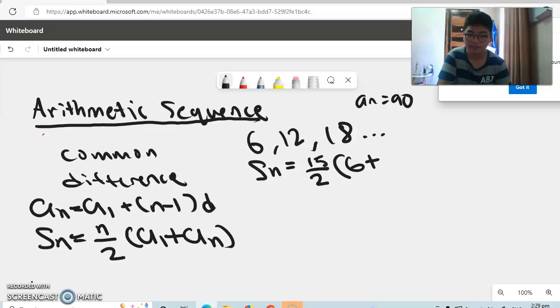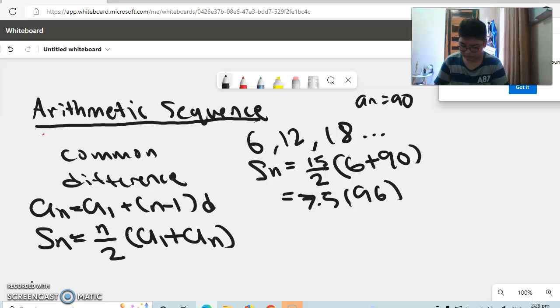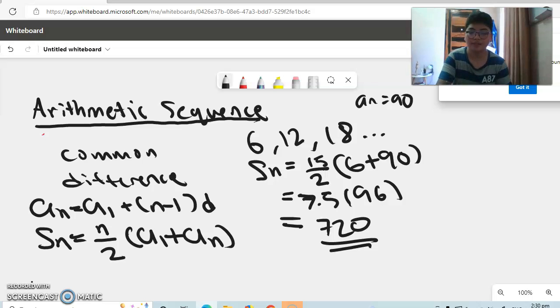And then plus a sub n, which is 90. 15 divided by 2 is 7.5. Times 6 plus 90, which is 96. Now, 7.5 times 96 is equal to the final answer of 720. Now, that's the sum of every term in the sequence until the 15th term.